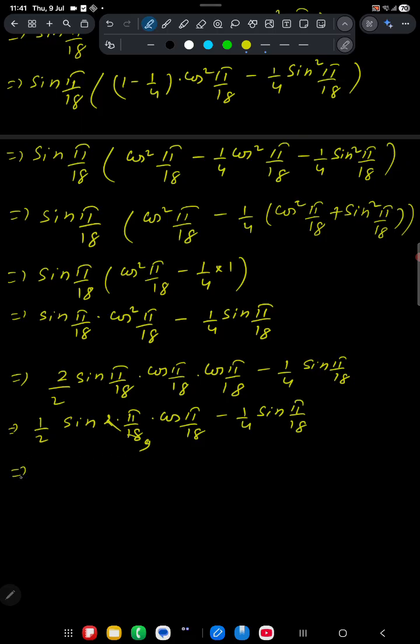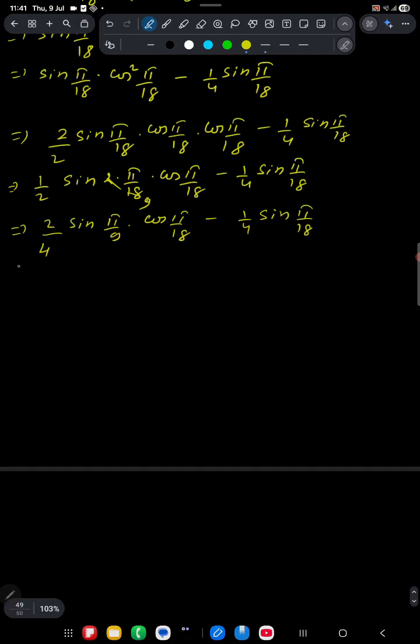Again we will multiply by 2 and divide by 2, so it will become 4. And this is your sine pi by 9 into cos pi by 18 minus 1 by 4 sine pi by 18. So this will give you 1 by 4, 2 sin a cos b formula. So it will be sine of a plus b plus sine of a minus b.